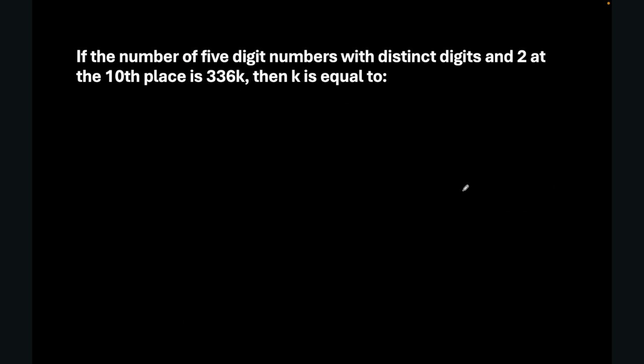Okay, next question. This is a little bit of a trickier question. Maybe it can come in the IB, but this is something that's more likely to come in the IB exams. Regardless, let's solve the question.